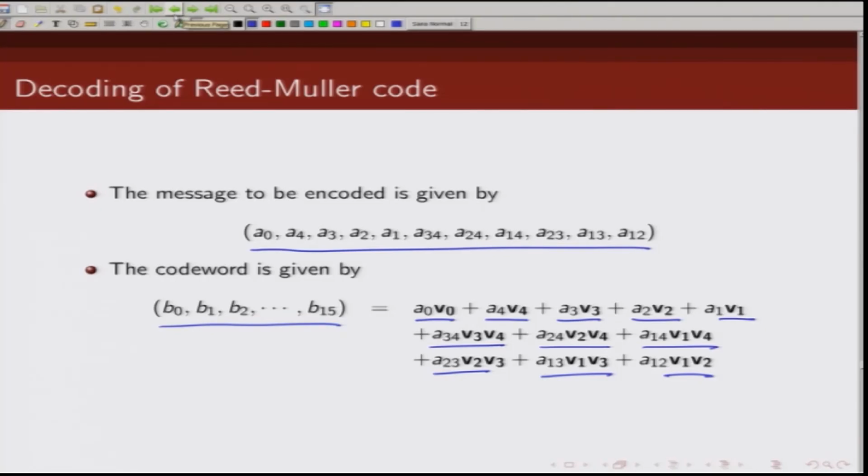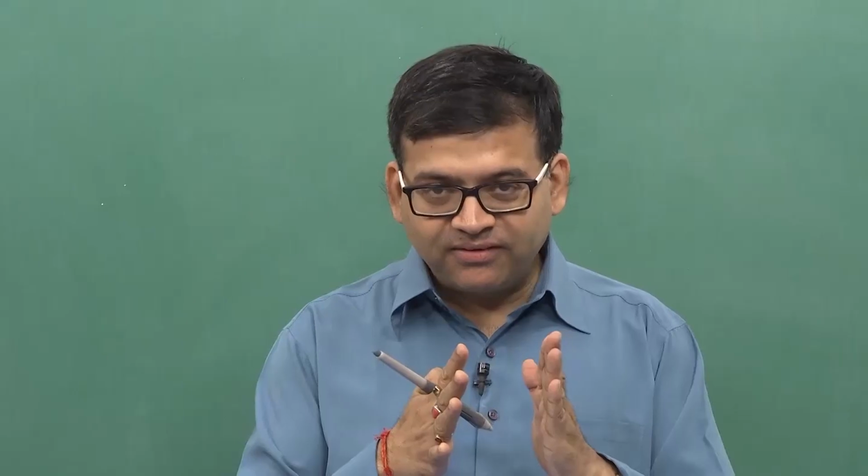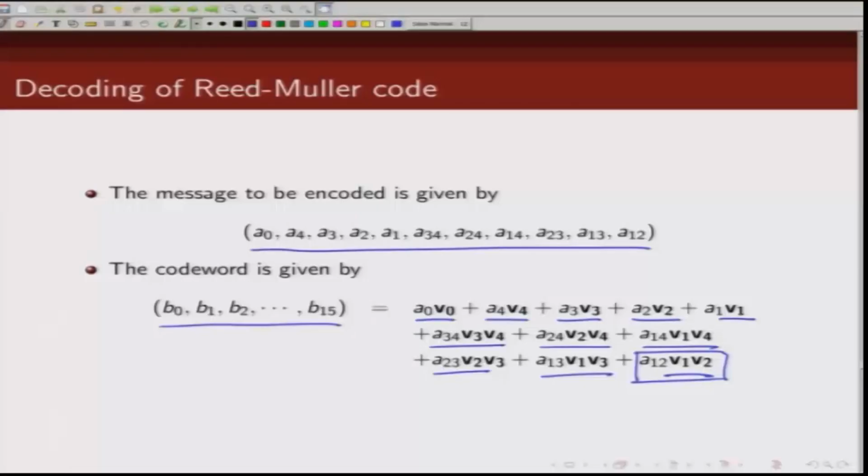V1, V2. So, what we will do is add up those first 4 elements, and the contribution from all others will be 0, except because V1, V2 is non-zero. So, we will get the contribution from what A12 is.